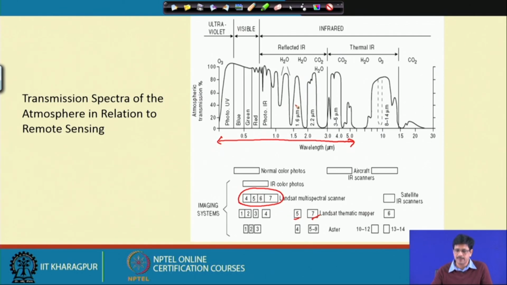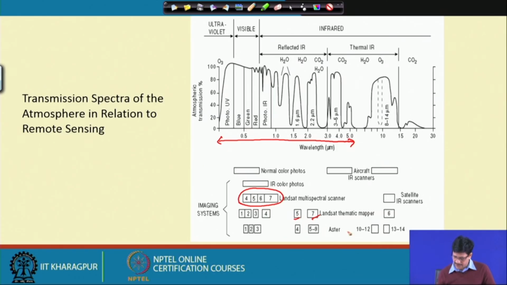So, this part of the electromagnetic spectrum cannot reach the spectrometer installed in the satellite at a remote height. These are the guiding factors for designing a particular spectrometer or interpreting spectra, and in what wavelength range we are looking at them and what interpretation we can make from them.